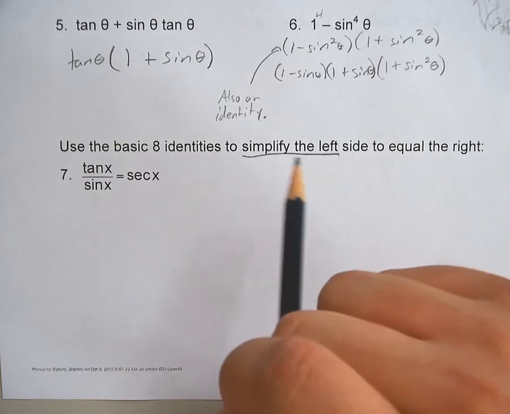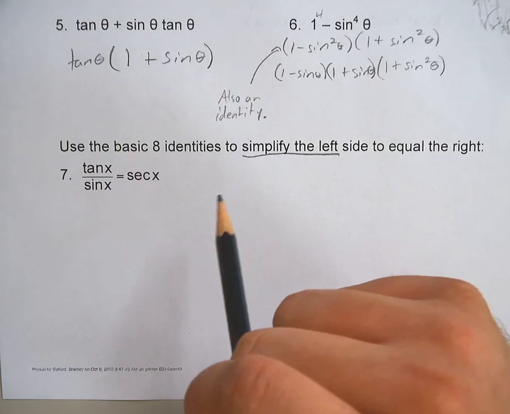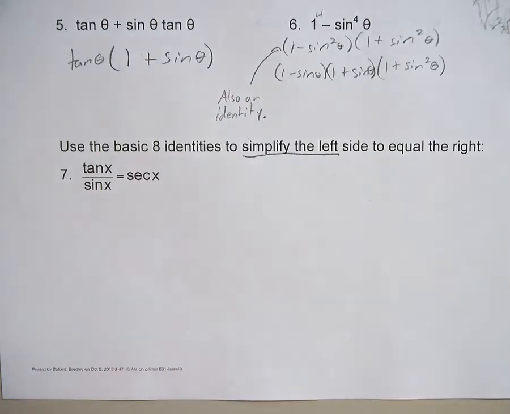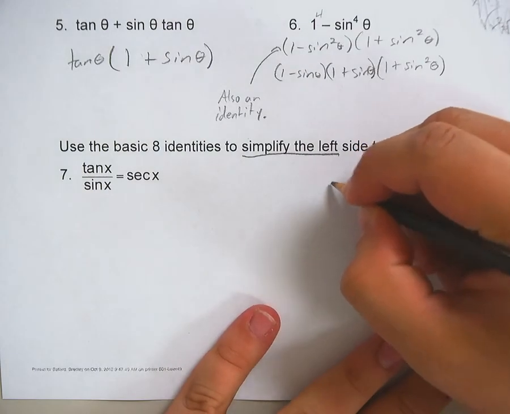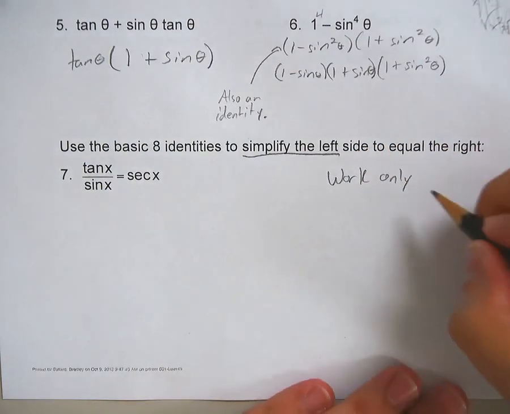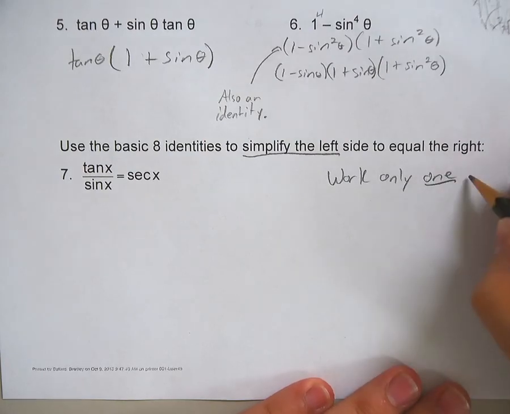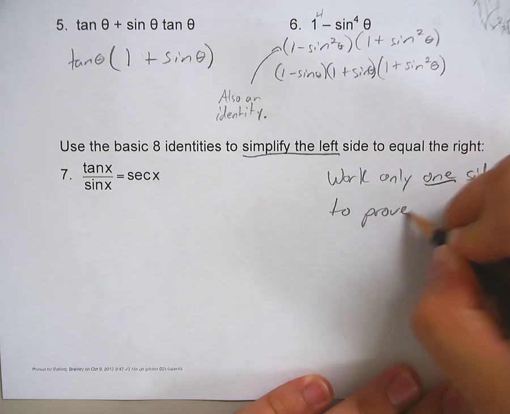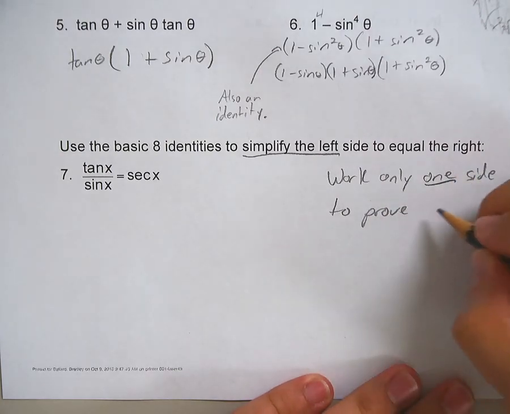Now you won't always start with the left. Sometimes you may start with the right. There's a rule for that I'll get to a little bit later. But I want you to write something down for me. Work only one side to prove an identity is true.